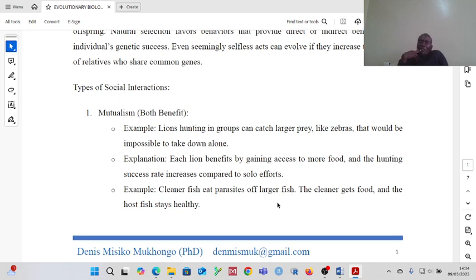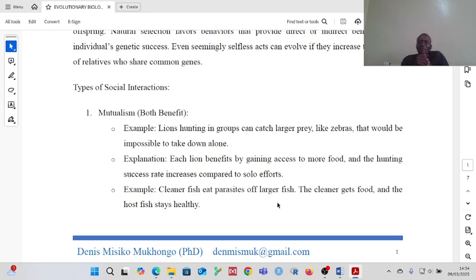Another example we've given for mutualism as a type of social interaction is where you have two types of fish. One is the cleaner fish, which eats off parasites from a larger fish. So there is a fish that is cleaning the other. The fish which is eating parasites is getting food.